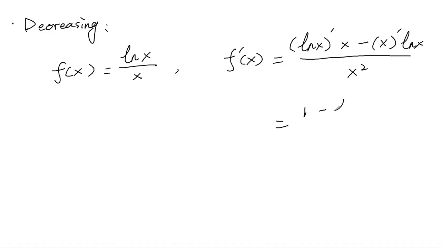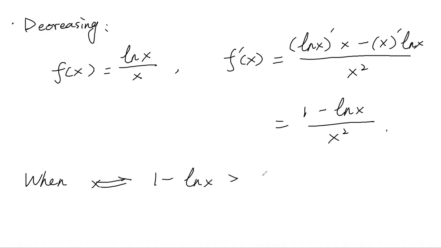And the second term is natural log of x. So we get 1 minus natural log of x divided by x squared. And when 1 minus natural log of x is less than 0, f of x is decreasing.